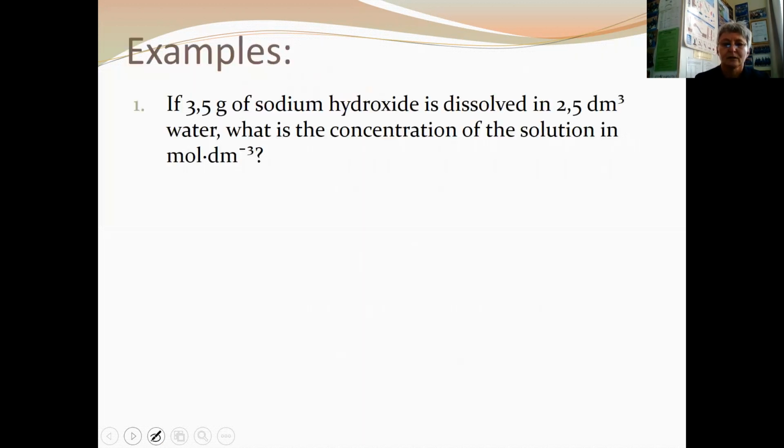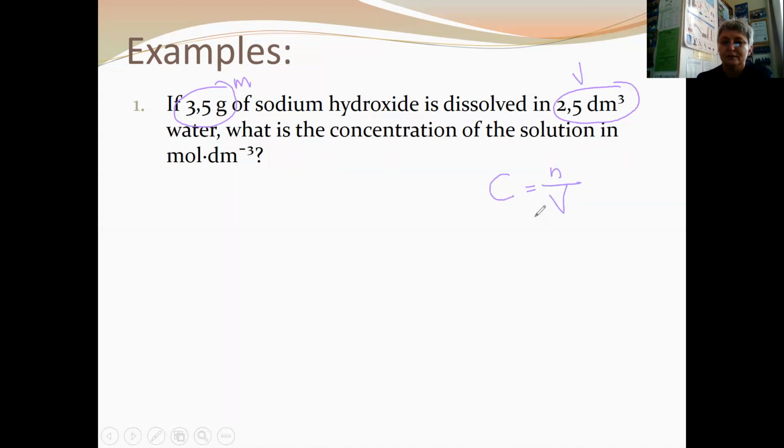Right, let's go into examples immediately. I want to calculate the concentration of a solution if 3.5 grams of sodium hydroxide is dissolved in 2.5 cubic decimeters of water. So we have the mass of the sample and we have the volume of the solution. And to calculate concentration, we need moles and volume.